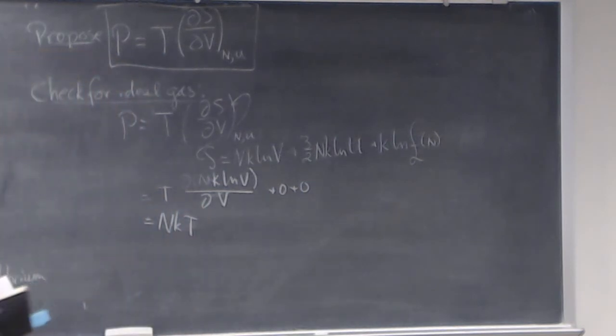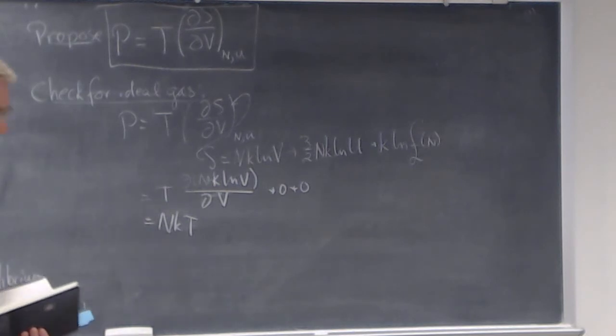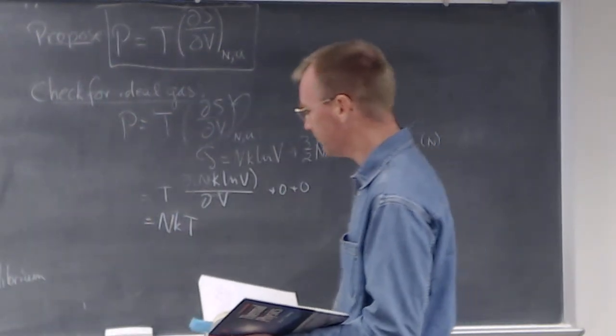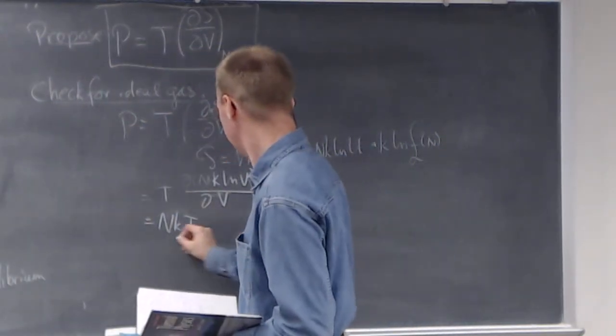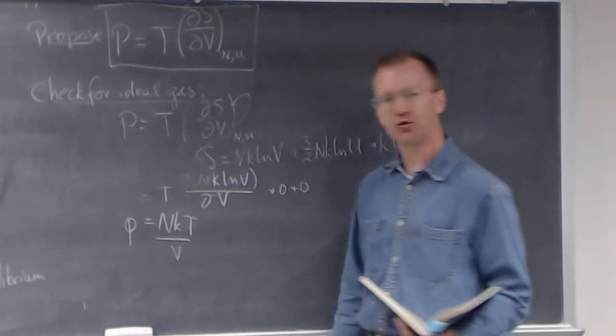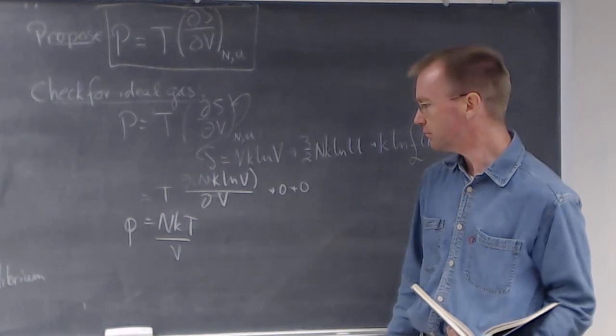We get an NKT. Now, the derivative of log V, the natural logarithm, is just 1 over V. So the pressure is NKT over V.